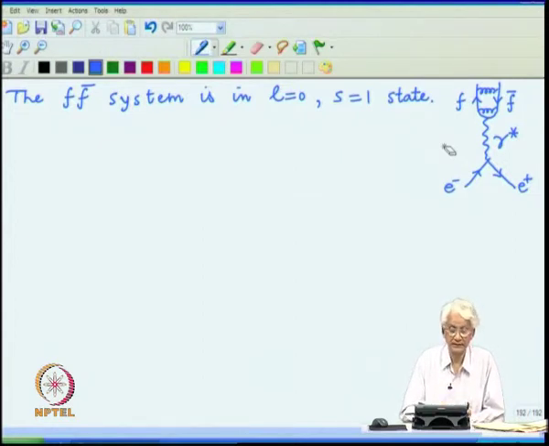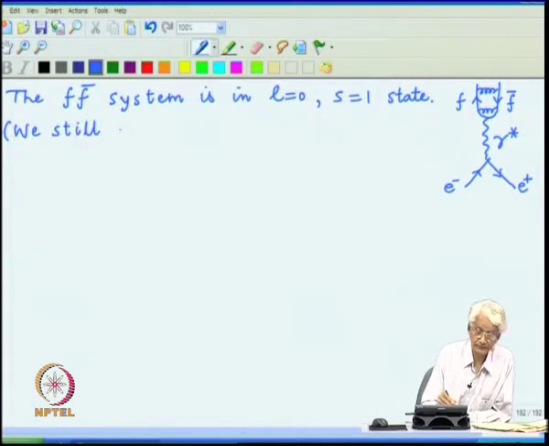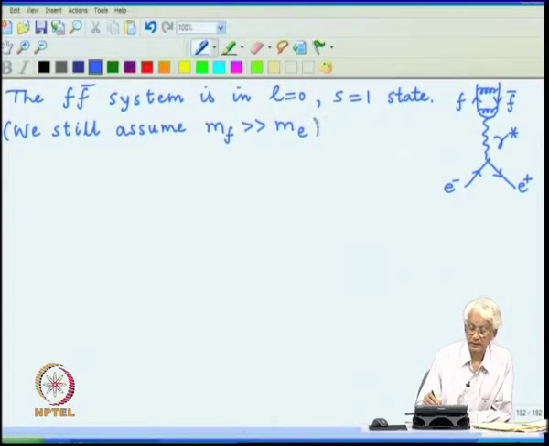We already saw in the previous analysis that the cross section just above the threshold was isotropic, which meant that the angular momentum involved in that particular case was 0, and the helicity selection rule says that the state will be produced with S is equal to 1, and in particular we still assume that the fermion mass which is produced is much larger than the electron mass.